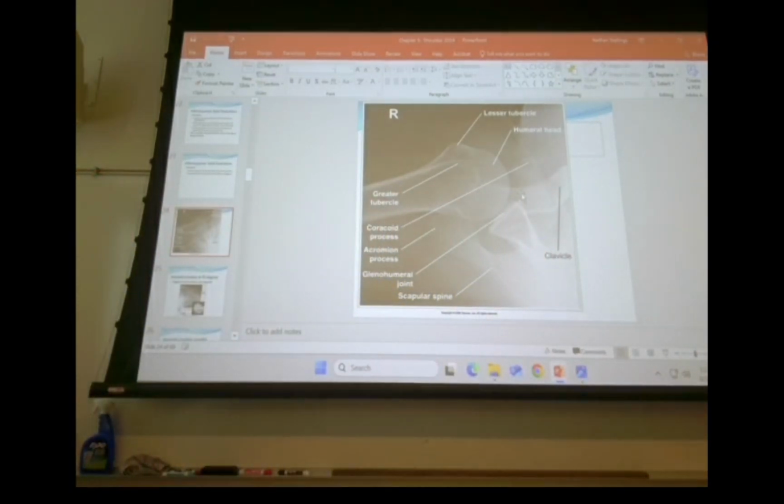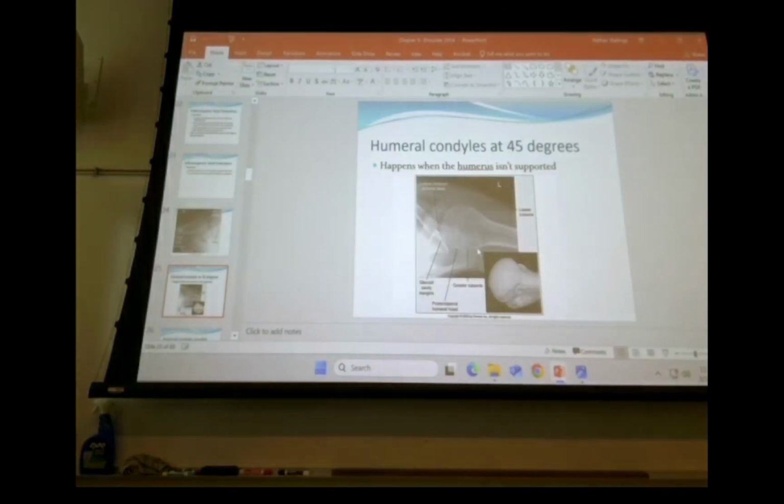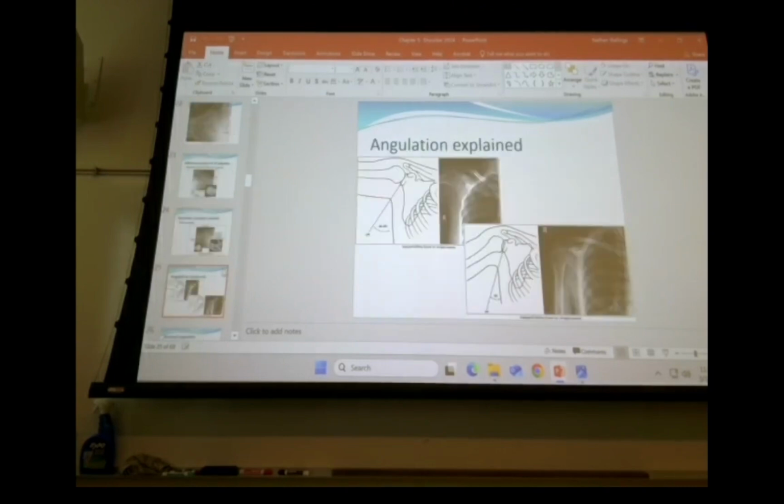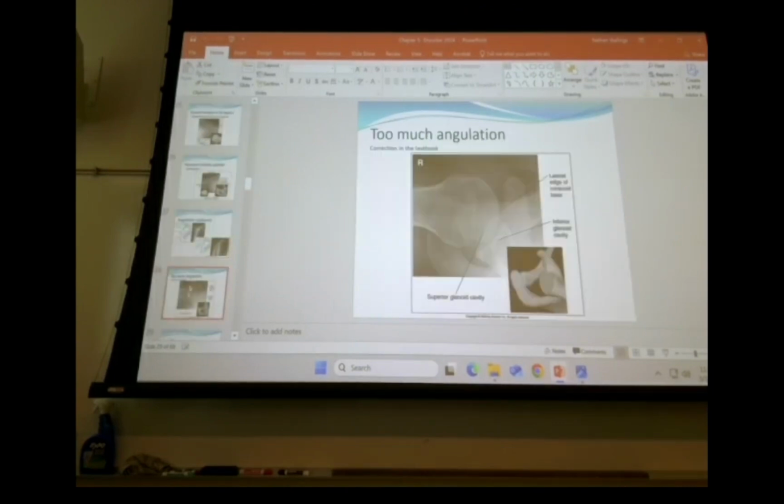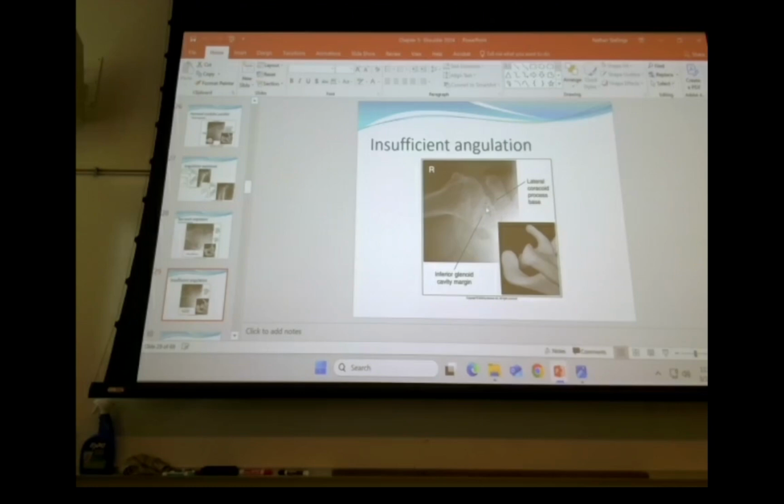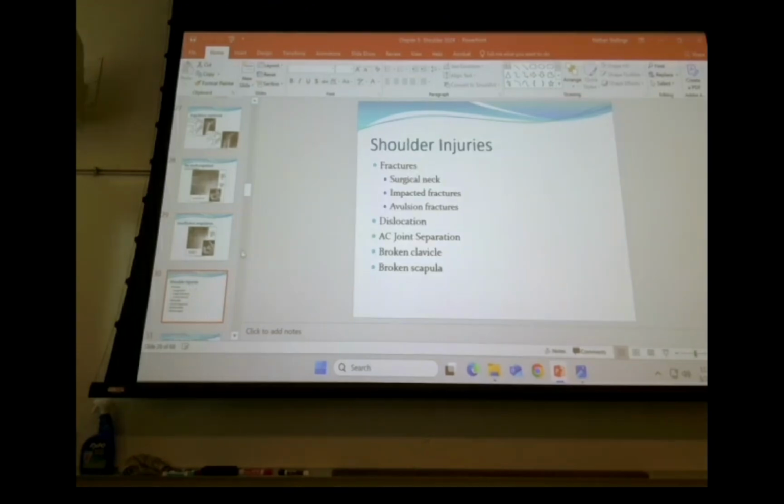Okay? So if we have too much angulation, again, you can see the glenoid fossa is projected medially. Not enough angulation, we've got separation between the two. Okay.